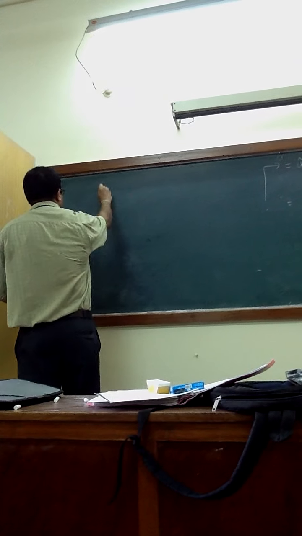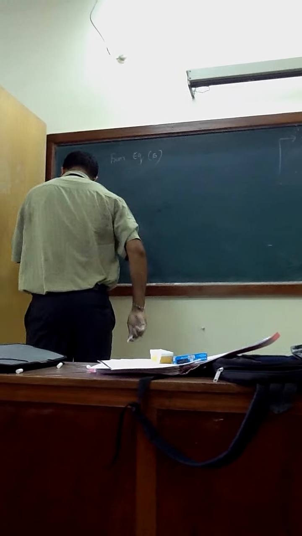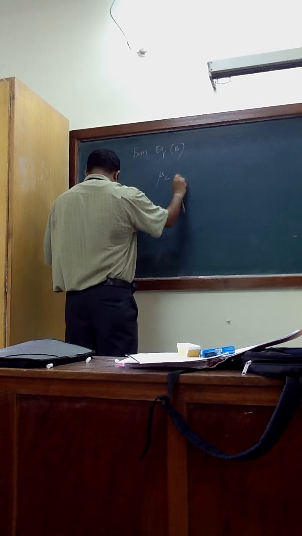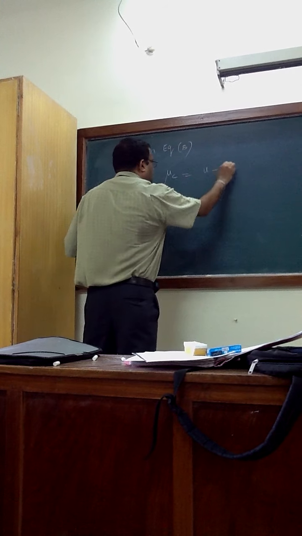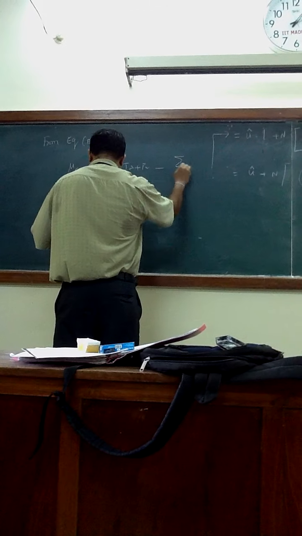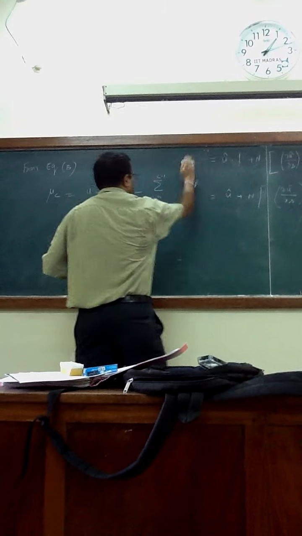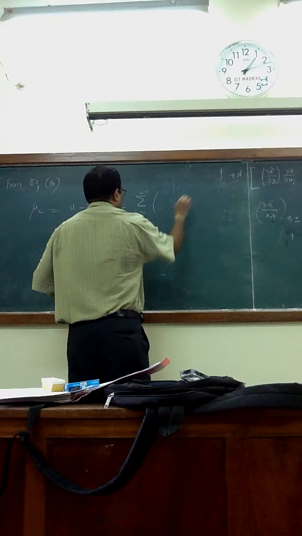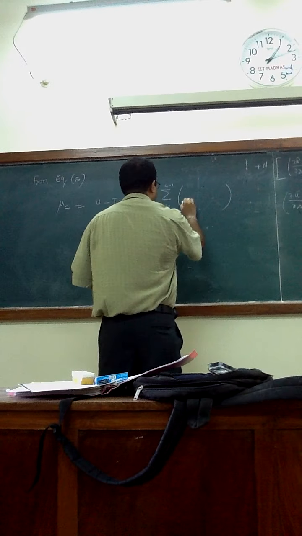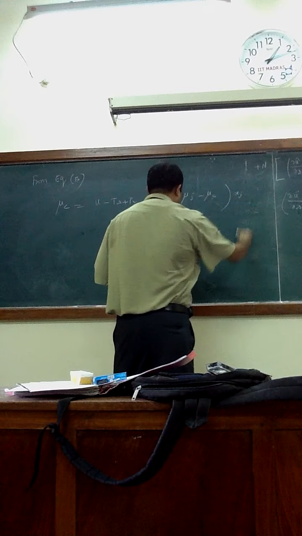From equation B, you got mu C equals U minus Ts plus PV, summation j equals 1 to C minus 1, what is mu j star, right? And mu j star you write as mu j minus mu C xj.